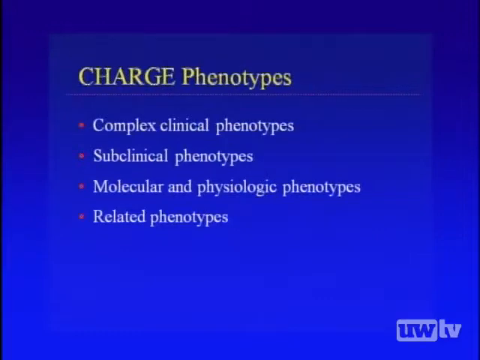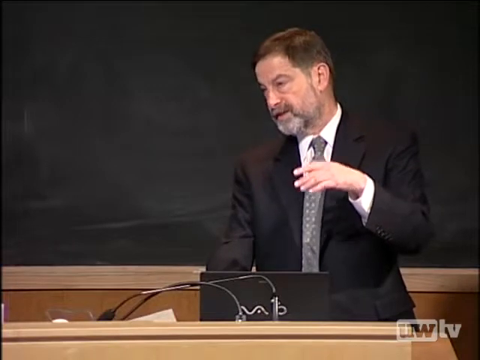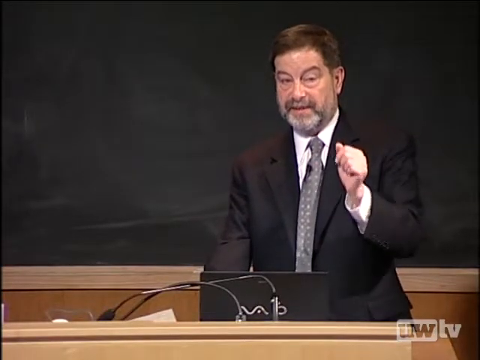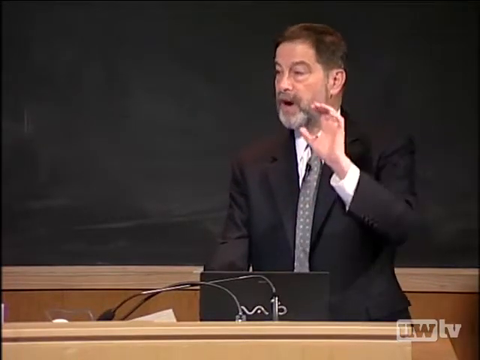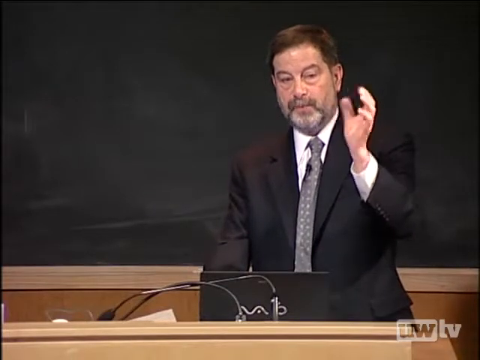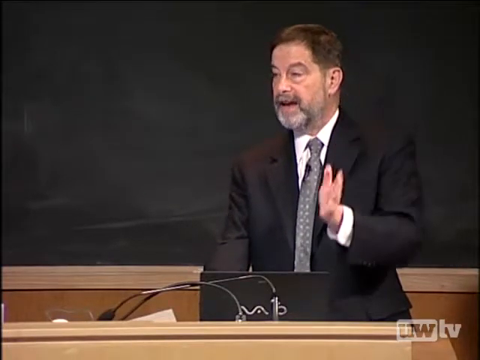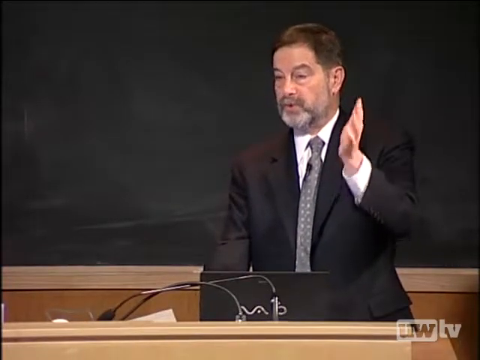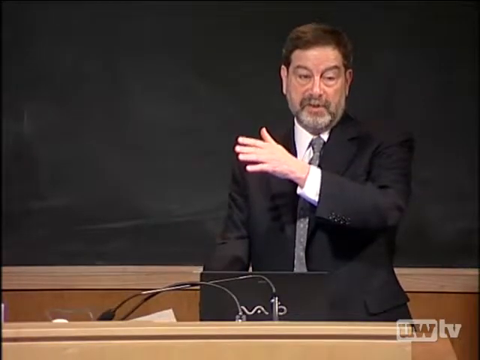And CHARGE looks at complex clinical phenotypes, at subclinical phenotypes, at molecular and physiologic phenotypes. And in some cases, these are related phenotypes. So one would think, well, it's a chance to see whether if it's related to this phenotype, is it also related to that? And we try to avoid doing that because we know the phenotypes are correlated. And if you find an association with one, you're more likely to find the association with the other.